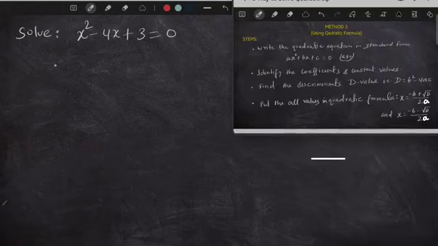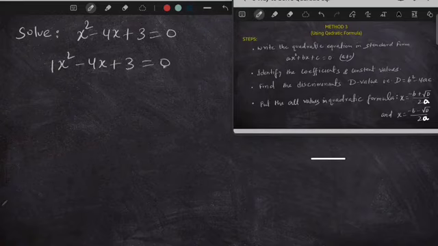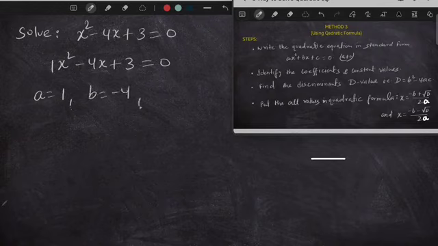So rewrite the equation as 1x square minus 4x plus 3 equal to 0. The next step is to identify the coefficients and the constant. The coefficient of x square, a, is 1, the coefficient of x, b, is -4, and the constant term c is 3.